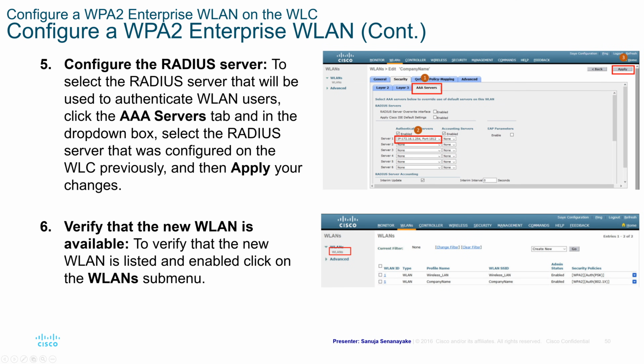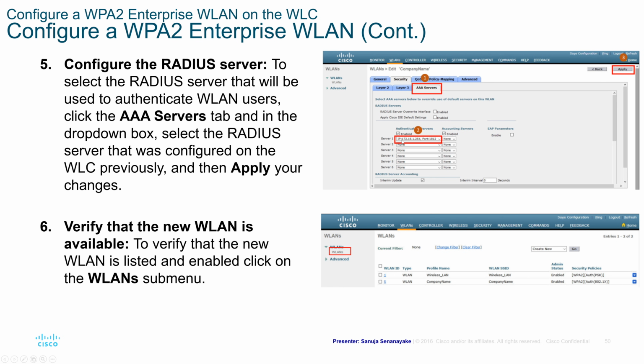Then we're going to configure the RADIUS server. Under the same Security tab, we will now click on AAA Servers. On the AAA Servers sub-tab, we're going to configure the AAA server information.